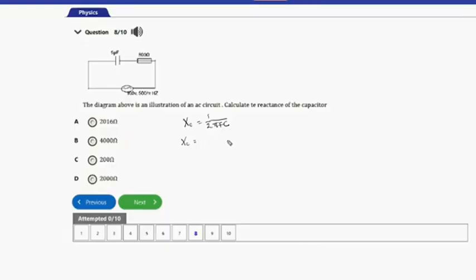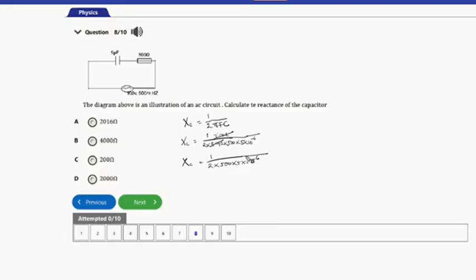So here, if we input the values for all the variables here, XC is equal to 1 over 2 times pi times the frequency, which is actually 500 over pi, then times the capacitance here, which is 5 microfarads. So in this case, pi can cancel out, and then we'll have this to be 1 over 2 times 500 times 5 microfarads. 5 microfarads is 5 times 10 to the power of negative 6.